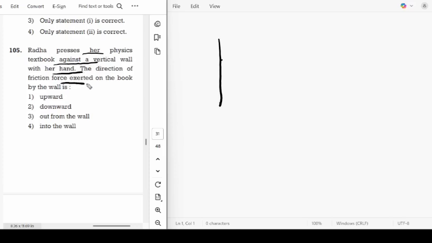Find the direction of friction exerted on the book by the wall. Let us take a wall against which a textbook is pressed. Radha applies a force in this direction, but the normal force acts in the outward direction. Due to gravity, or weight, the book tends to move downward, but the frictional force acts upward. So our frictional force direction is upward.